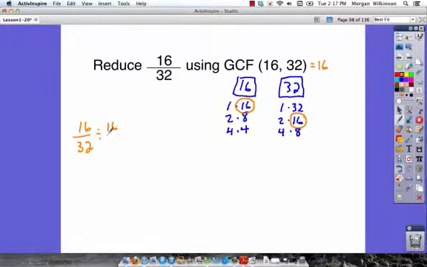So we're going to divide by 16 on both the numerator and denominator. 16 divided by 16 is 1. 32 divided by 16 is 2. Now, you may have intuitively known that 16/32 is the same as 1/2. But we could also use this method using the greatest common factor. It's really efficient when we have big numbers.